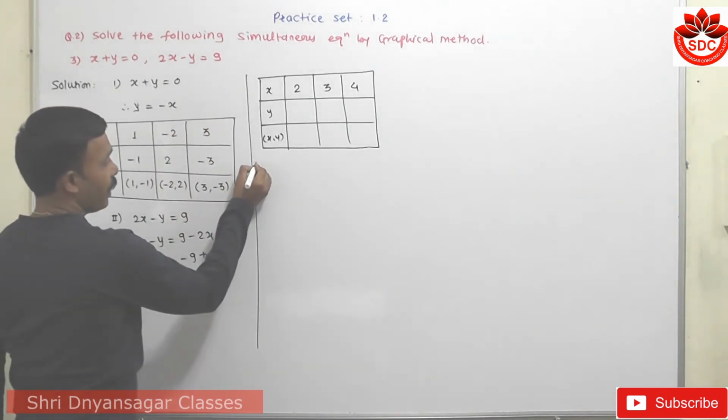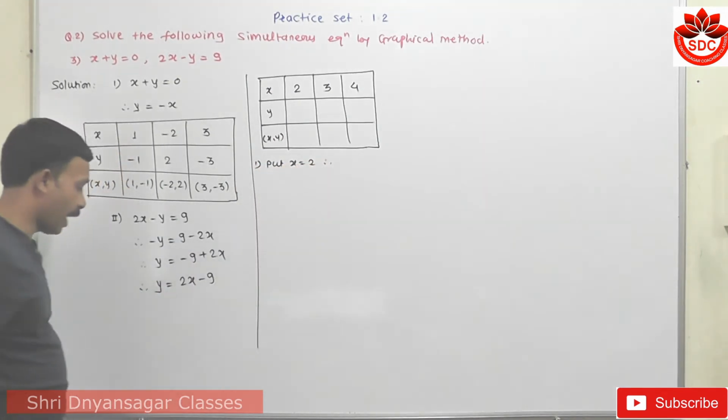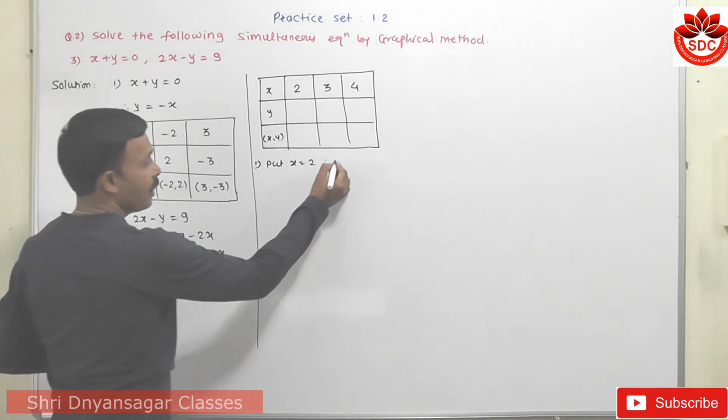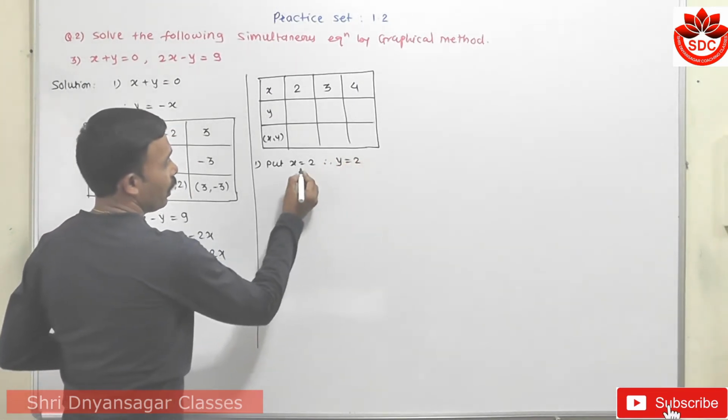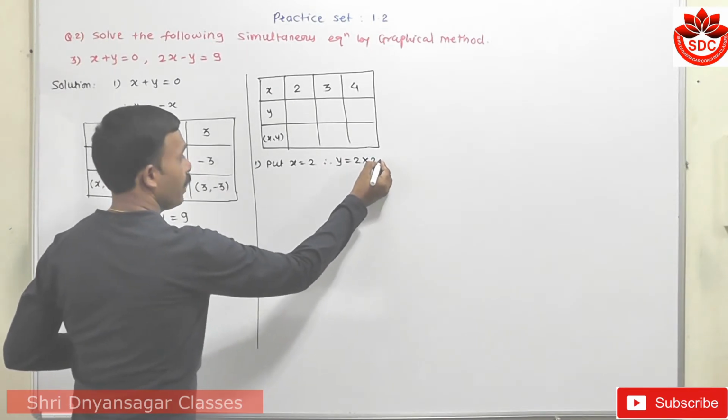So first I write here, put x is equal to 2. I take this equation directly. Therefore y is equal to 2 into x, which is 2, plus minus 9.